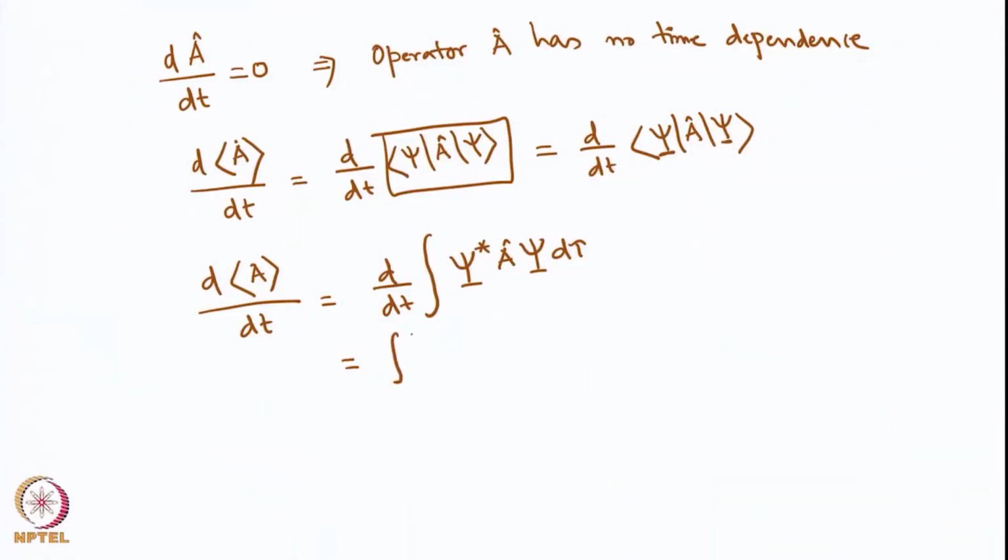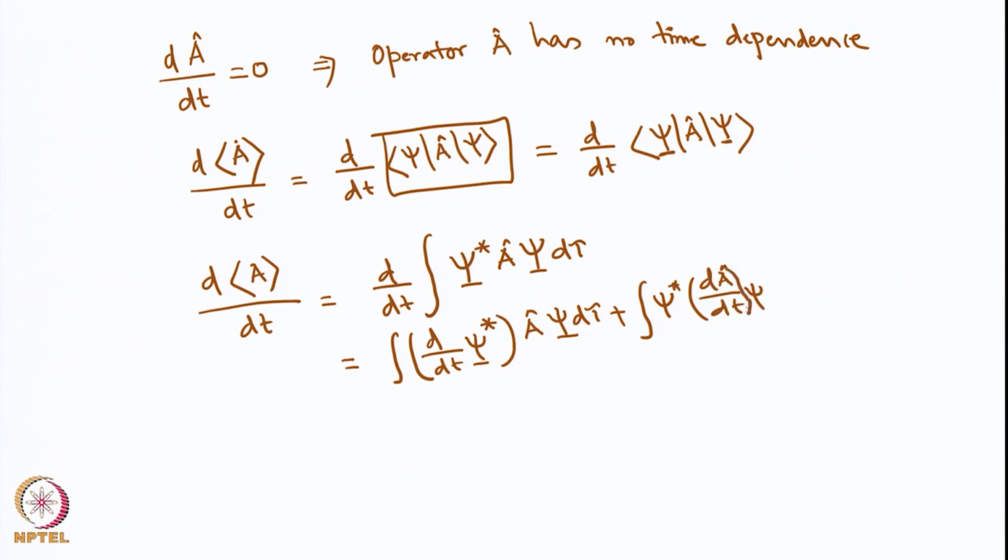So one can write this as the integral of d by dt of psi star A psi d tau, using the product rule for differentiation, plus the integral of psi star dA by dt psi d tau, plus the integral of psi star A d by dt of psi d tau.